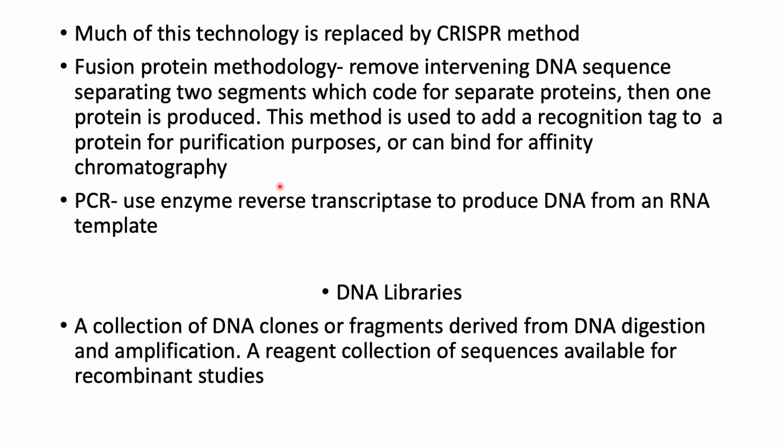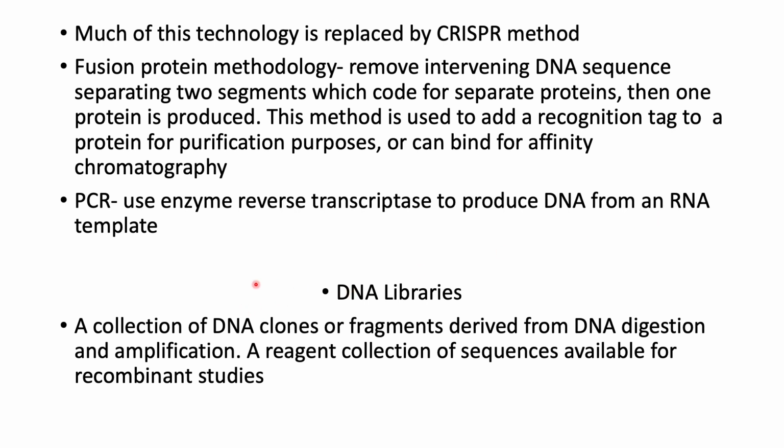You can also use a reverse transcriptase to produce DNA from an RNA template. Oftentimes this will be done to have a DNA template, and the DNA template can mass produce portions of RNA for a variety of biological and medical purposes.